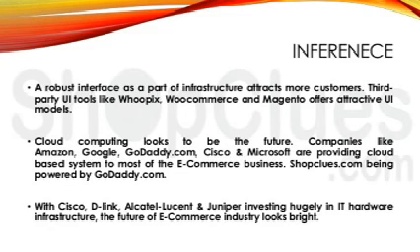Next one, with Cisco dealing with Alcatel Lucent and Juniper investing hugely in IT hardware infrastructure, the future of the e-commerce industry looks bright. The most important component of the e-commerce infrastructure is the hardware.